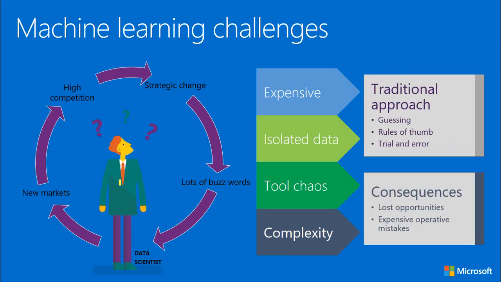What we have talked about so far is more of a traditional approach to machine learning. It's expensive, with isolated data, tool chaos, and complexity, and a lot of consequences like lost opportunities and expensive operational mistakes. If a new person in my team does everything wrong, we might suffer a lot.